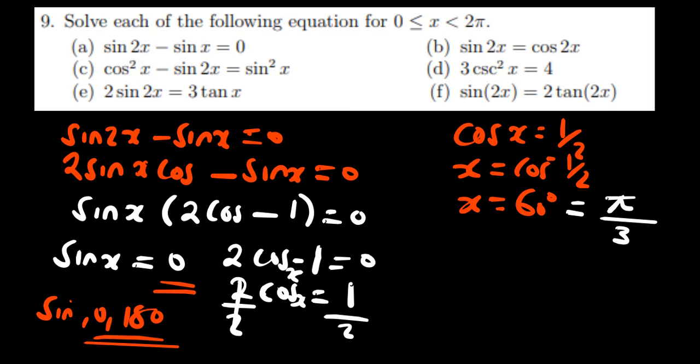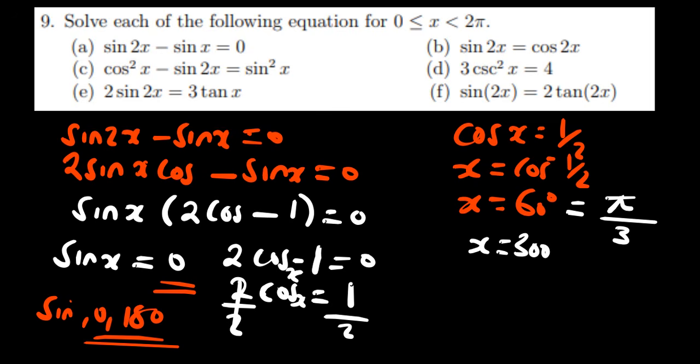Now this is from 0 to 360. 60 is positive, so where else is cos positive? You know about your quadrants: All Students Take Coffee. In the fourth quadrant. So from 360 we have to subtract 60, which will give us 300.